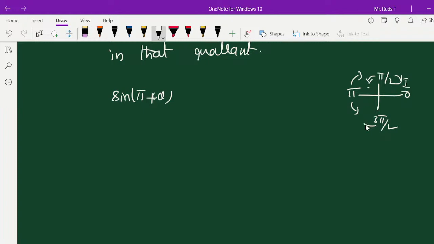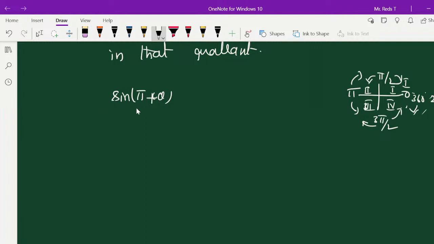Similarly, 3 pi by 2 minus theta comes in the third quadrant, 3 pi by 2 plus theta comes in the fourth quadrant, and 360 minus theta, or 2 pi minus theta, also comes in the fourth quadrant. If you have some idea of this, it is okay. Otherwise, you have to note it down step by step, then only you will understand and can follow.